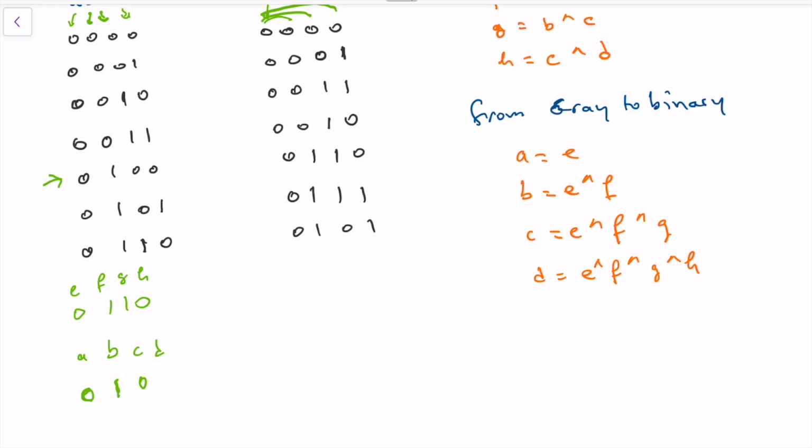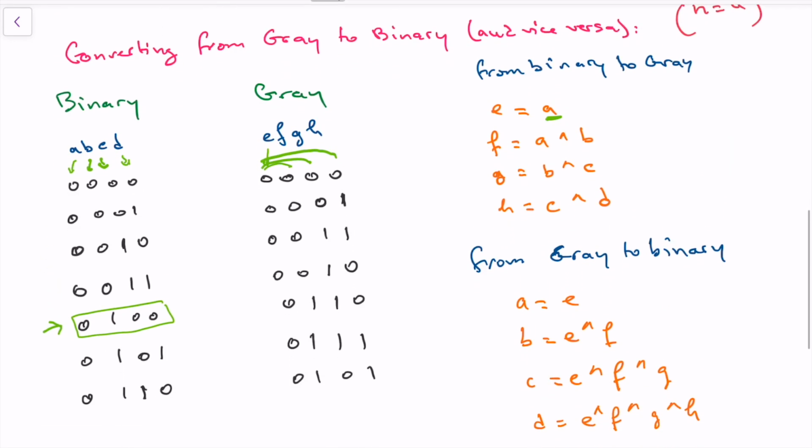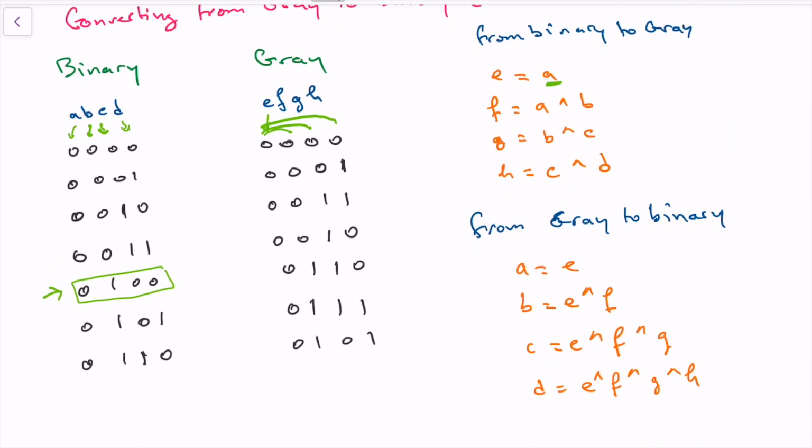Now for D, it's XORing E, F, G, and H. And so 0 XOR 1, that's 1. 1 XOR 1, that's 0. 0 XOR 0, that's 0. So the binary representation should be 0, 1, 0, 0, which is exactly what we have here. Okay, so that's how we do the conversion on the bit by bit level from one to the other.